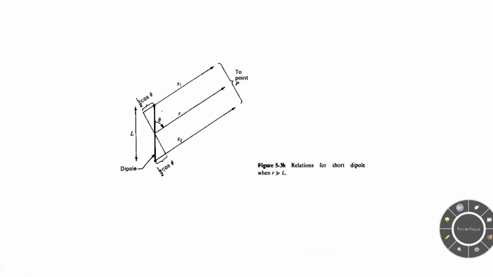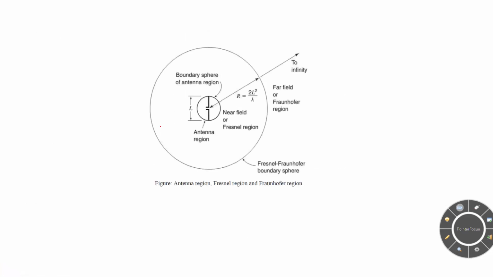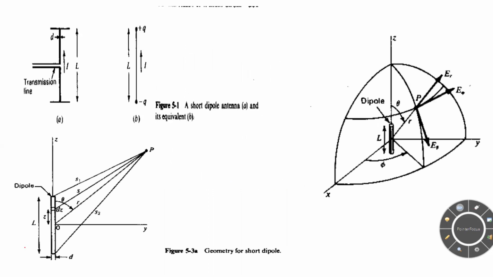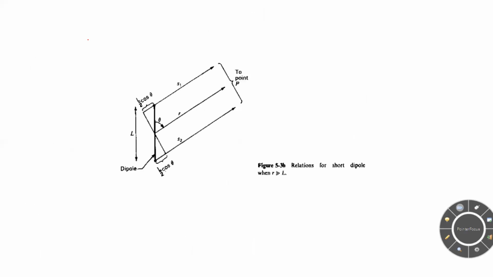As we considered this dipole previously, assume there is a current flowing through it, given by I equal to I naught e raised to j omega t, where I naught is the peak value of the current.